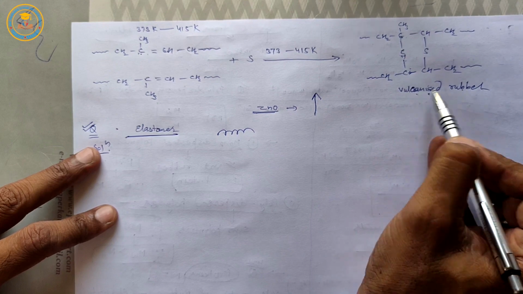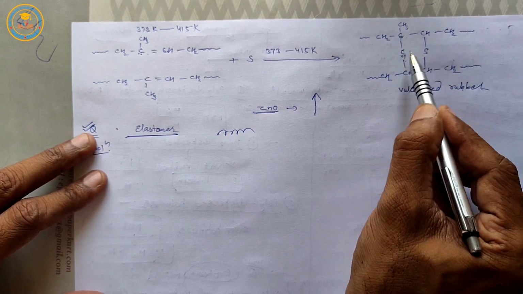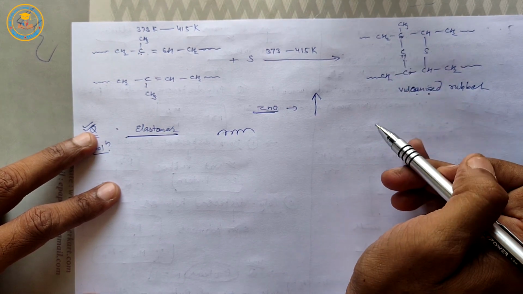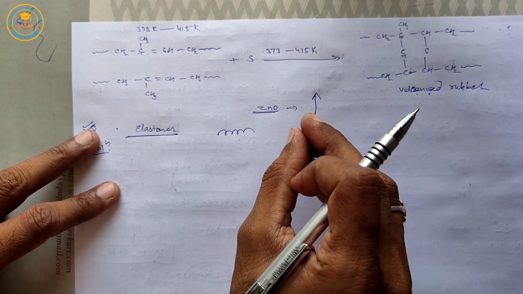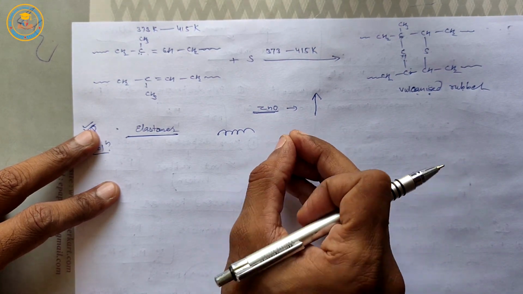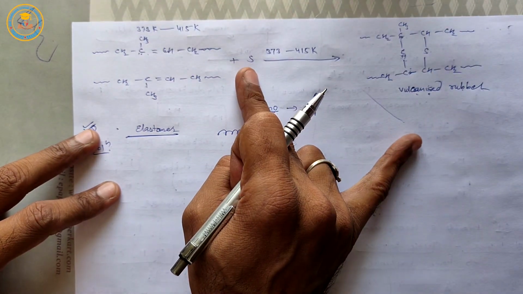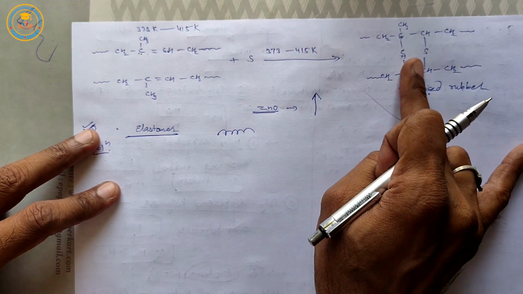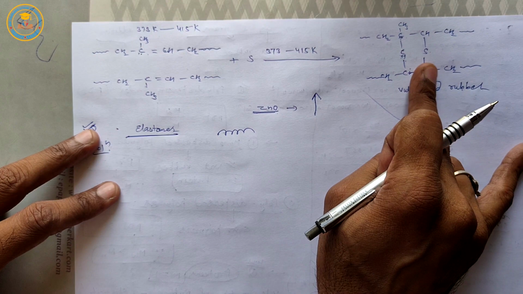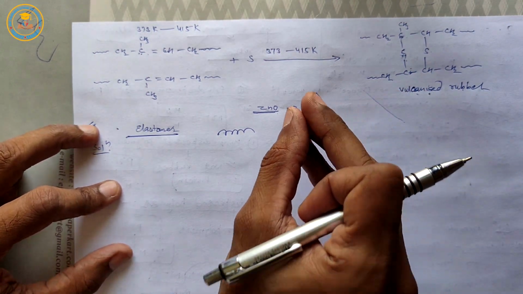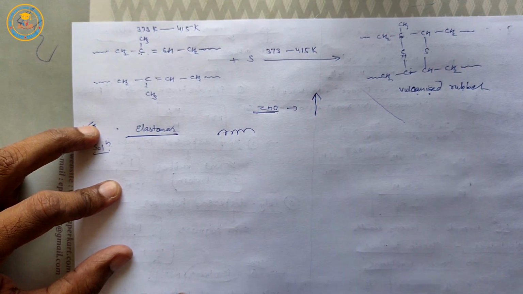In vulcanized rubber, sulfur cross links are present at vinylic positions. The elasticity of natural rubber is poor, therefore it is heated with sulfur to increase cross link bonds in the form of sulfur bridges. So vulcanized rubber is an elastomer. Very, very important.